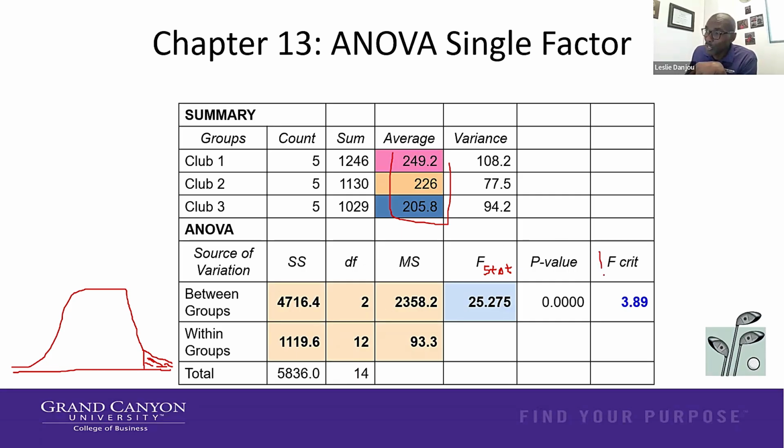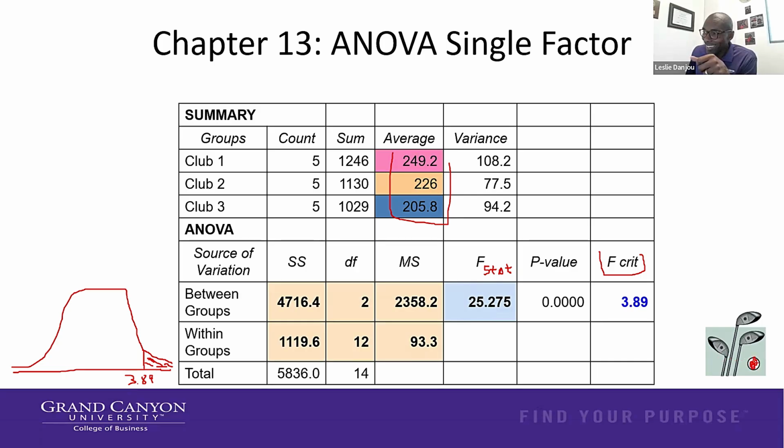Here is your critical value, 3.89. This is your critical boundary. So the question is, is this test statistic in the rejection zone or not? If you look, it is at 25.2. Isn't it somewhere out yonder?